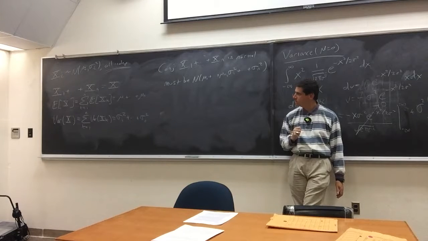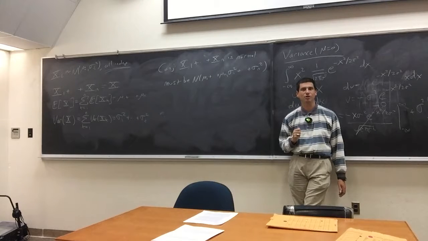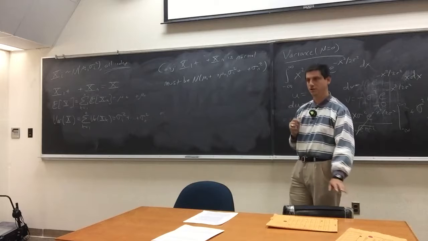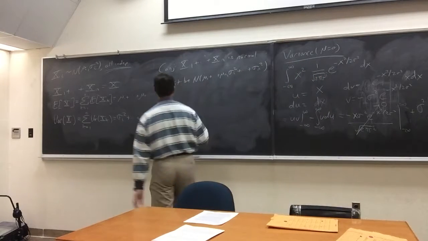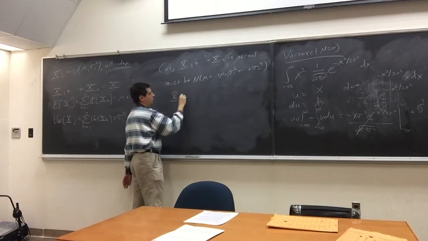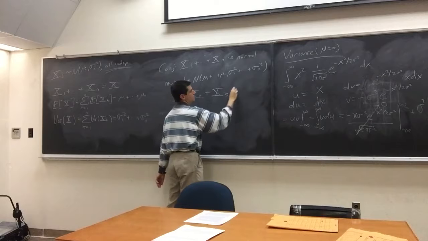Is there anybody who's really excited about calculating the sum of n independent random variables all at once? How should we do it? Yes? Induction. We can do it two at a time. So think about this. Let's say we have x1 plus x2 plus x3 plus x4.